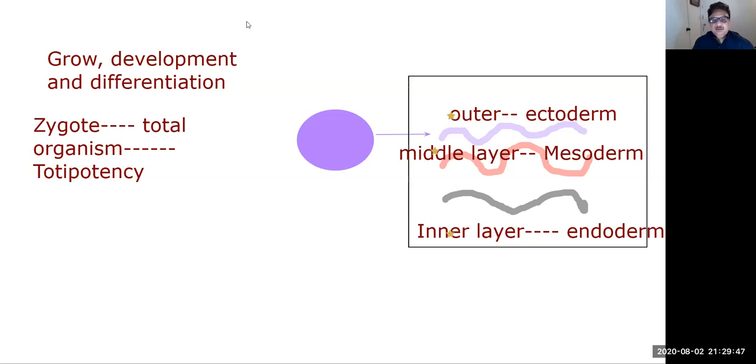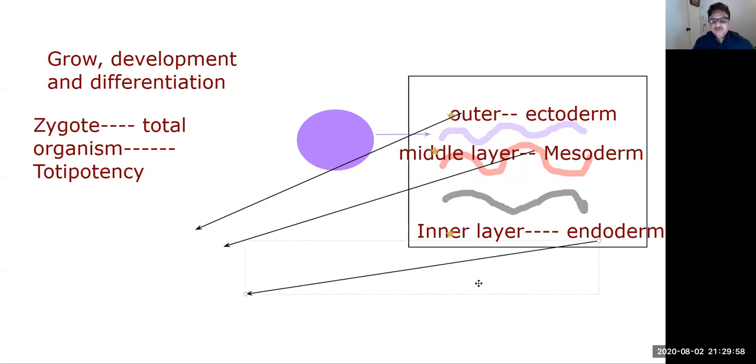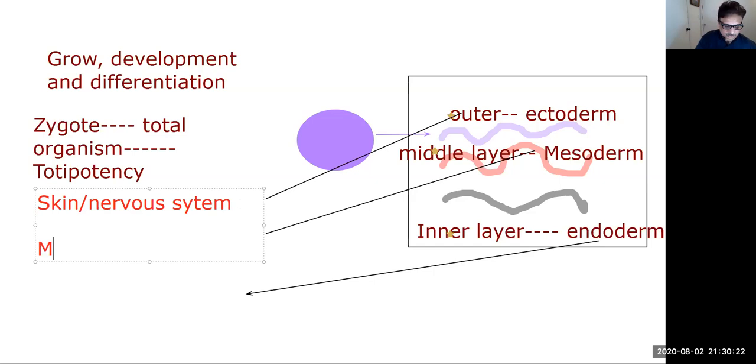So different layers can give rise to different cells with different cell fate. So for example, ectoderm, the outer layer, can form skin and nervous system. This layer is very important because it's very good for protection, right? The middle layer can give rise to muscle cells and bone marrow.